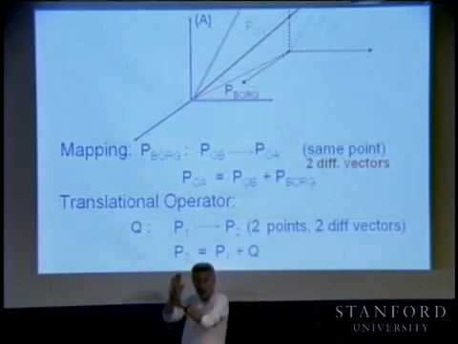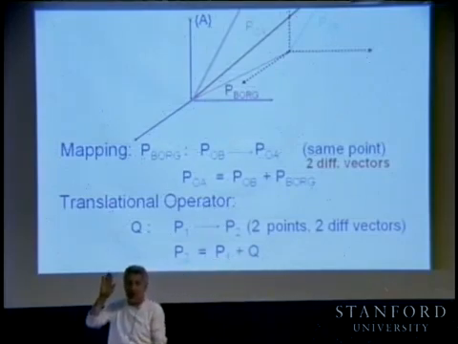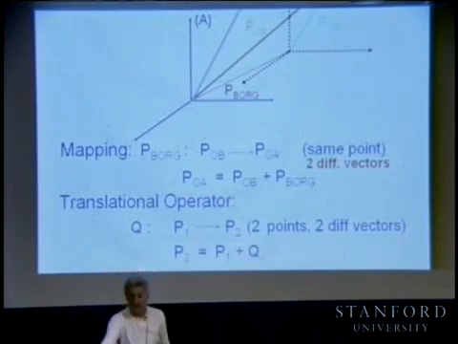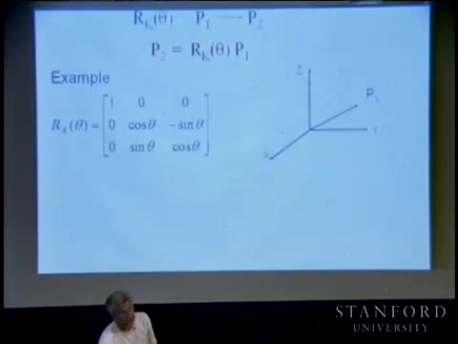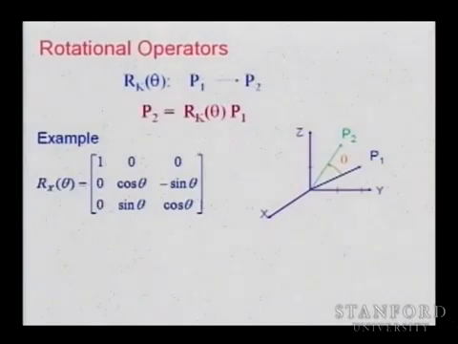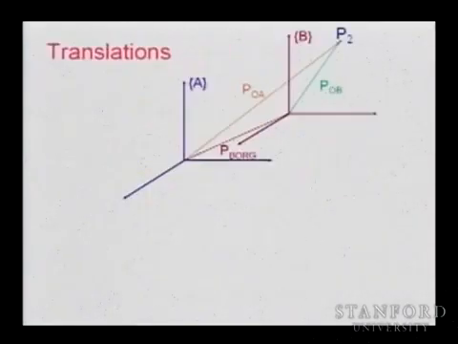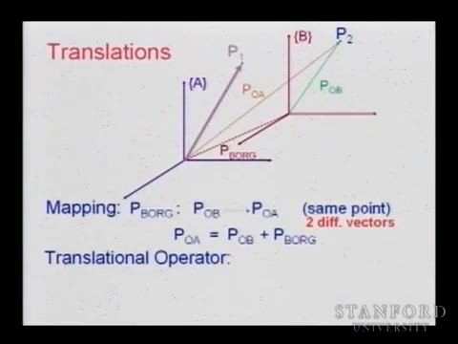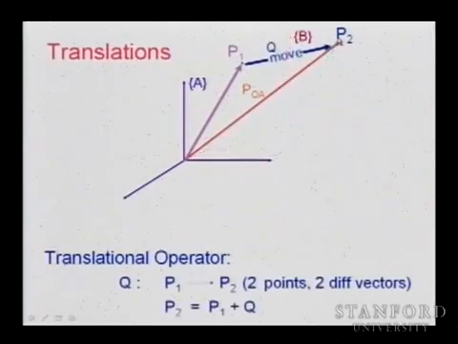So when you are translating, you are thinking about it like in the rotation. In the rotation, we had vector P1 and we rotated it to P2. Now we have a vector P1, and the translation is producing this point. So I have to remove this so you can see it better.